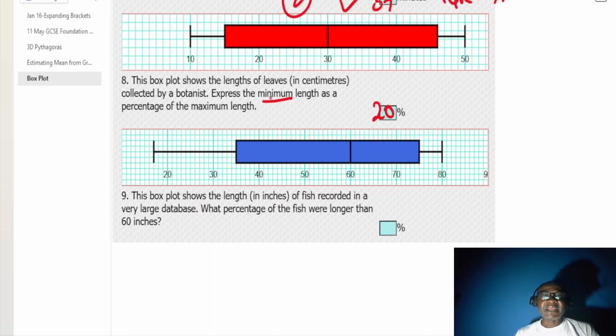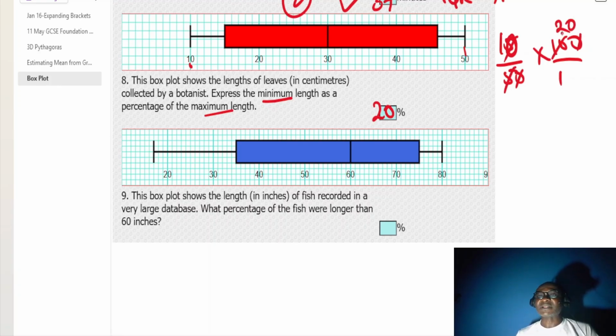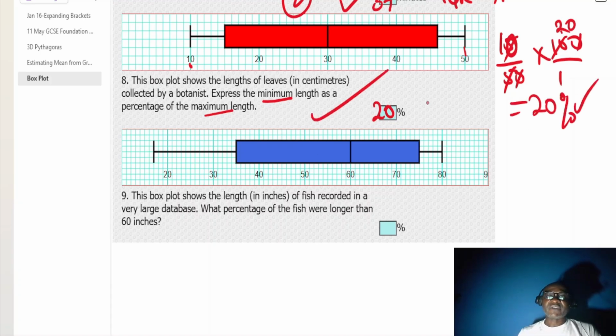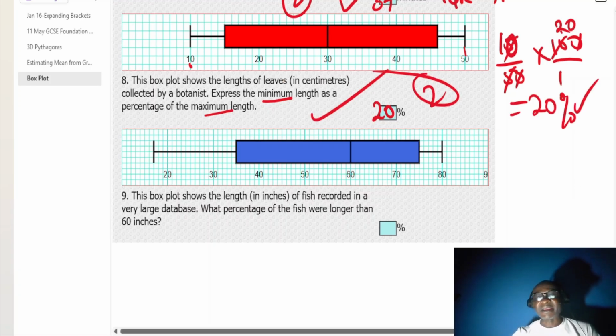The minimum length here is 10, over the maximum length, which is 50. We put it as a percentage by multiplying by 100 over 1. We cancel the 0, then 5 into 10 gives 2, and 2 times 10 gives exactly 20%, as you got it. So give it 2 marks. That is accurate.